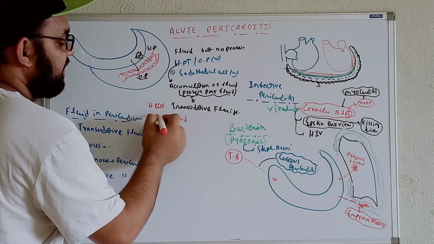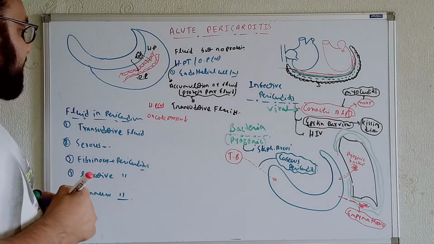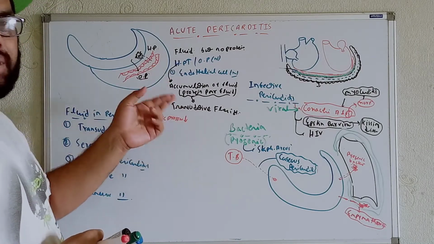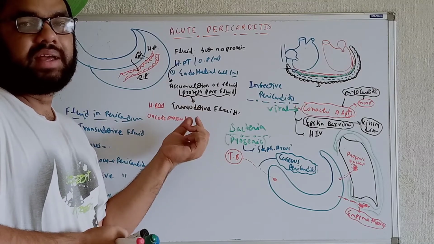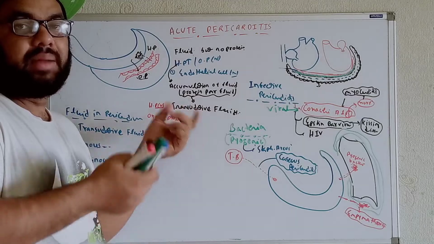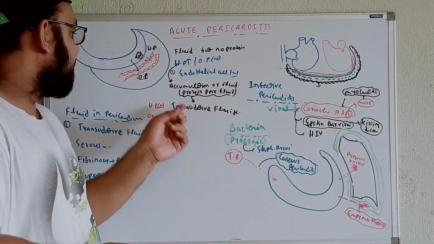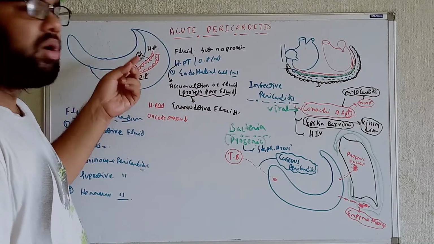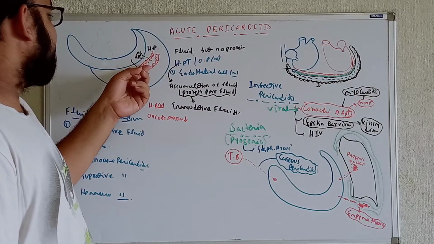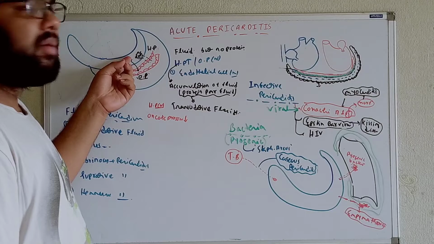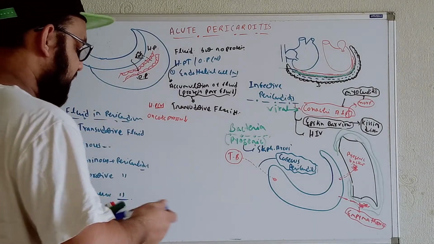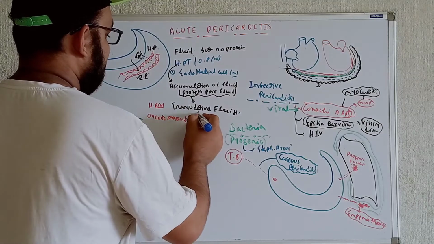Whenever the oncotic pressure is reduced, definitely the protein within the plasma will be less. So the plasma will not be able to hold the water molecules, as the osmotic pressure has dropped. As a result, the fluid from the microcirculation will go where? Within the pericardium. And the same type of fluid is also found over here, which is known as transudative fluid. This is the transudative fluid.